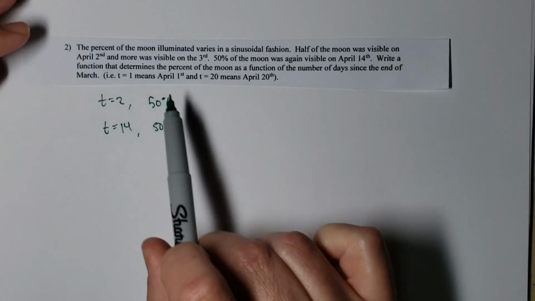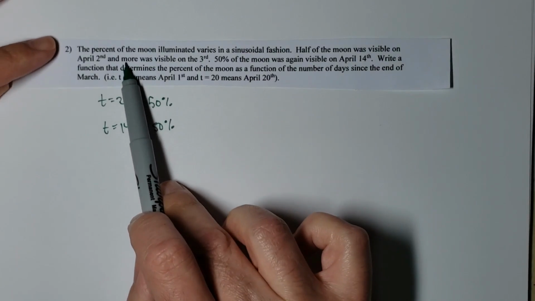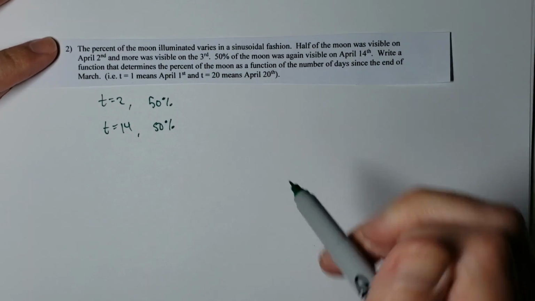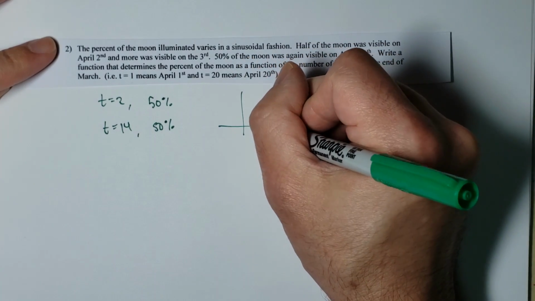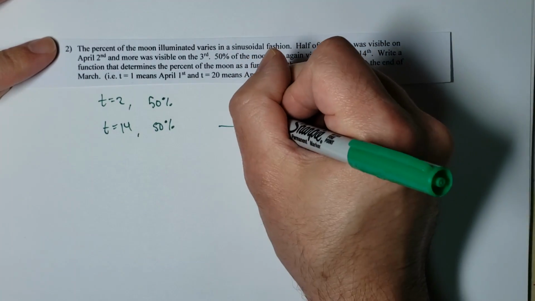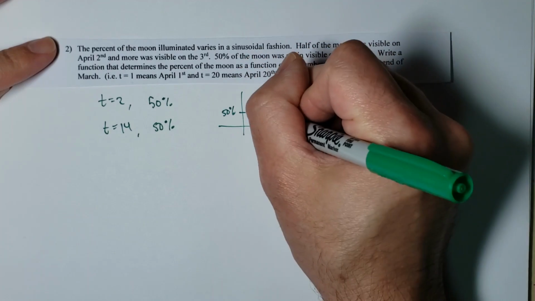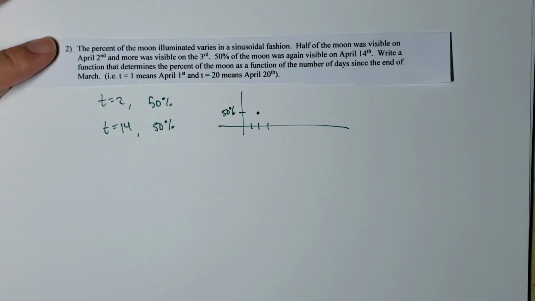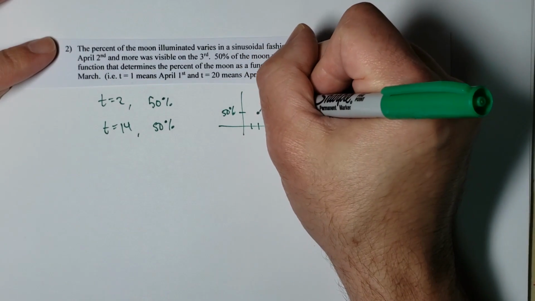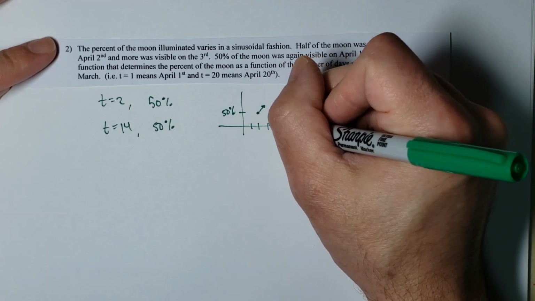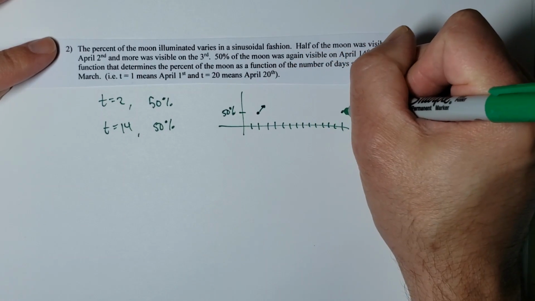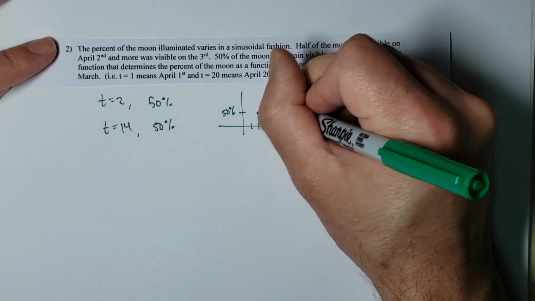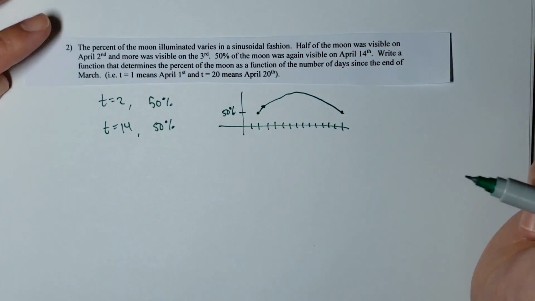Okay, and there was more visible on the 3rd. So what we have is, if I were to sketch this out a little bit, here's 1, 2, 3, that at t equals 2, I'm there, and then I go up. And so if I go all the way 3, there, I'm back at 50%. So I'm going to go up somewhere and then down.